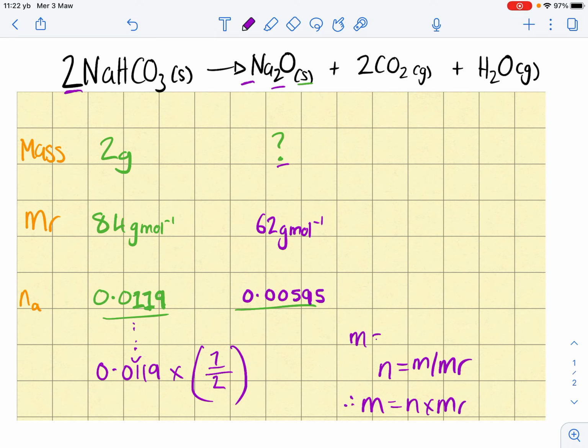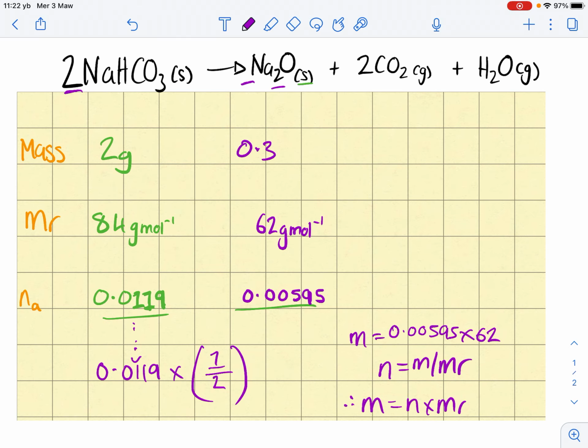So essentially, our mass is going to be equal to 0.00595 times our molecular weight of 62 grams per mole, and we get a final answer of 0.369 grams.